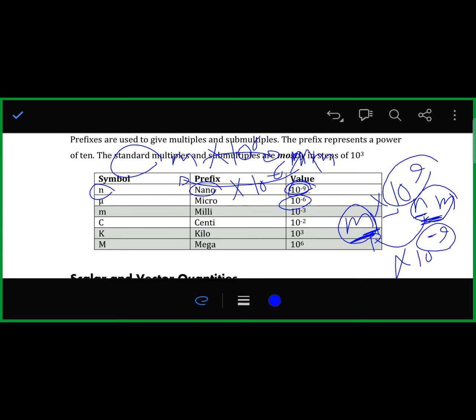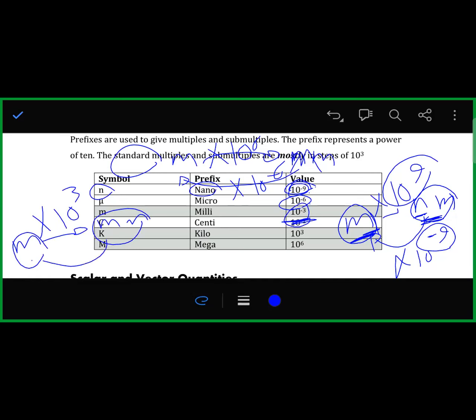So from meter to millimeter, please tell me. Meter to millimeter, from greatest to smallest, positive 3.